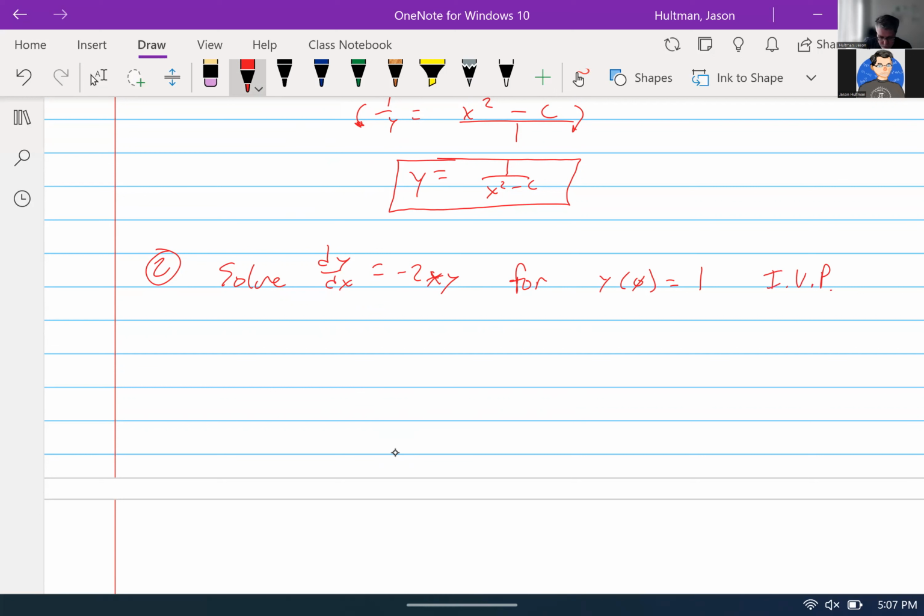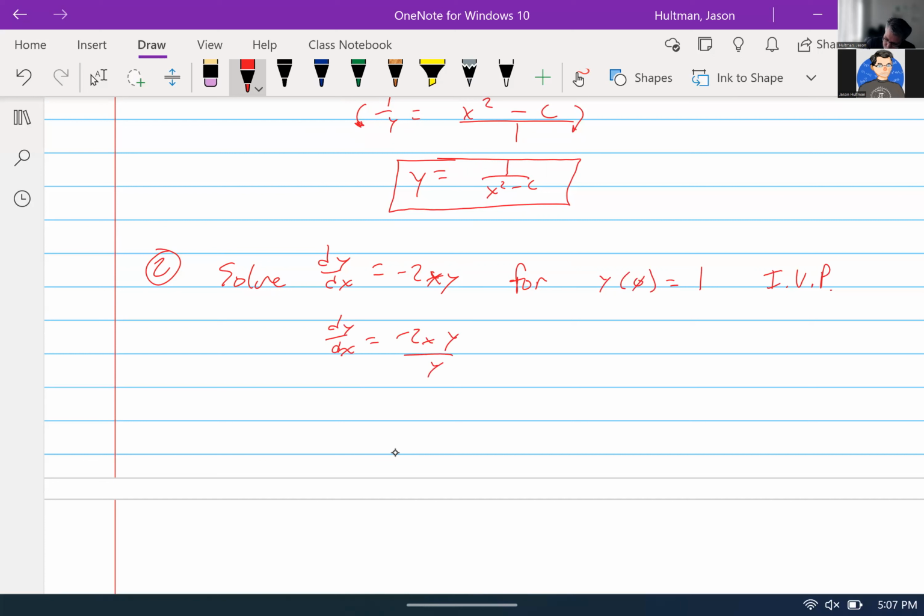So the first thing we need to do is find what the general solution is. Let's look at the general solution. So let's separate this. dy dx is equal to negative 2xy.